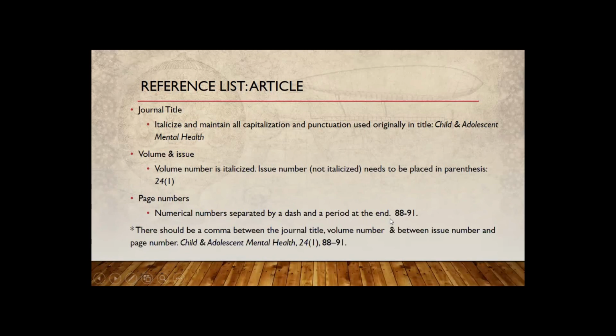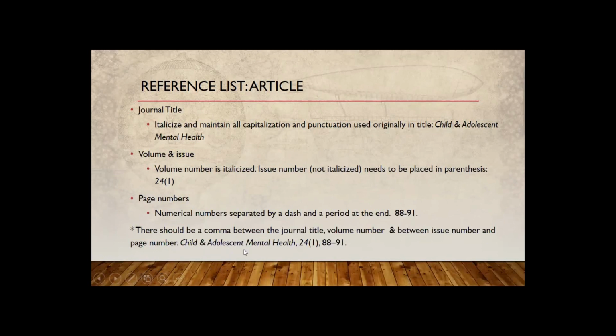That is when you won't use the pp or the parentheses. It's kind of interesting how different they can be. Quick note, there should be a comma between the journal title and volume number, and between the issue number and page number.